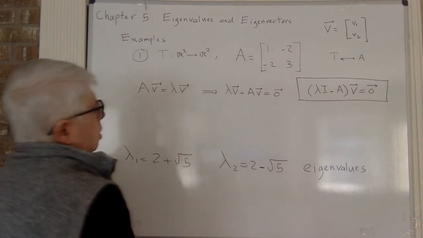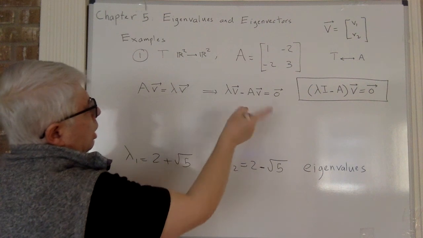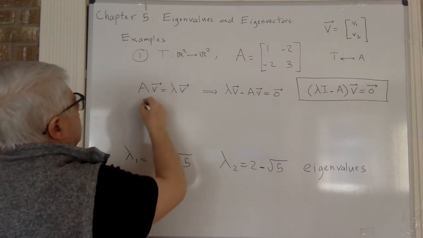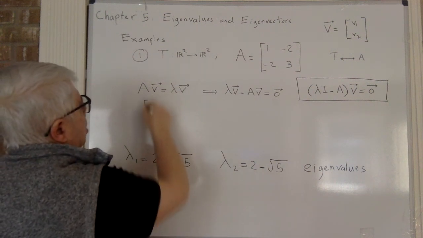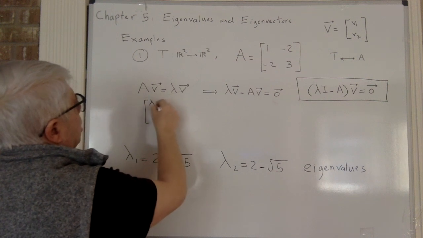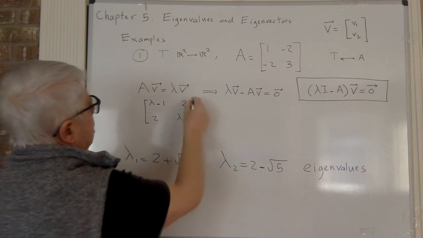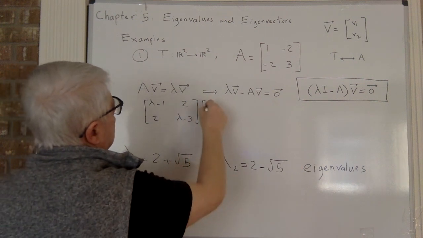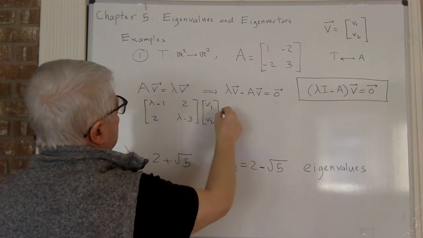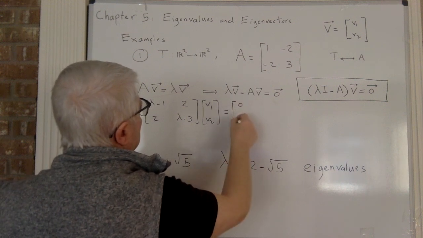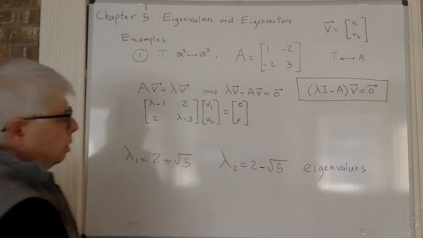Lambda I minus A is in fact this. So I have this equation: lambda minus 1, 2, 2, lambda minus 3, times V1, V2 is 0, 0. Okay?